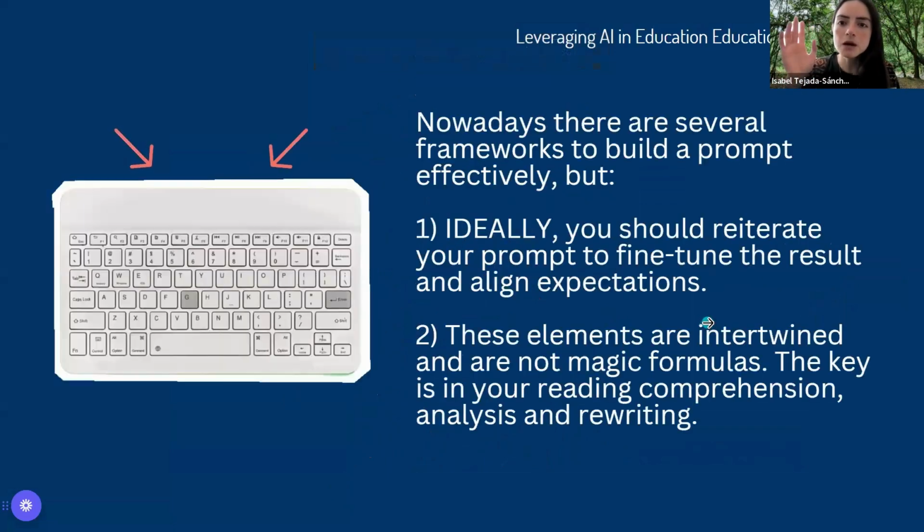There are so many frameworks right now on how to build a prompt effectively. Ideally, the key is that you reiterate and you refine your prompt and fine-tune your expectations. And the elements that I'm going to present very swiftly are not magic formulas. The idea is that you have at least the idea of the components of a prompt.